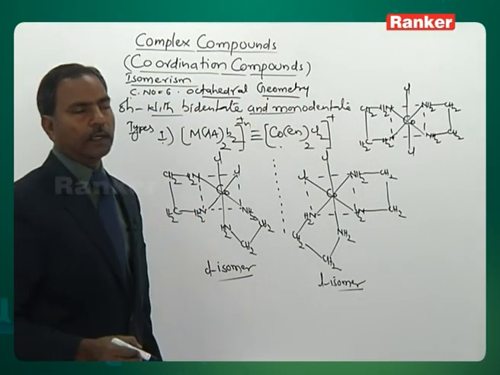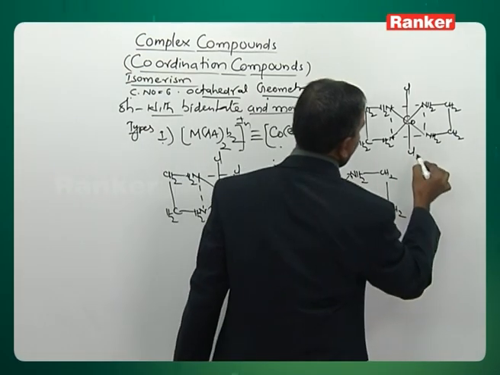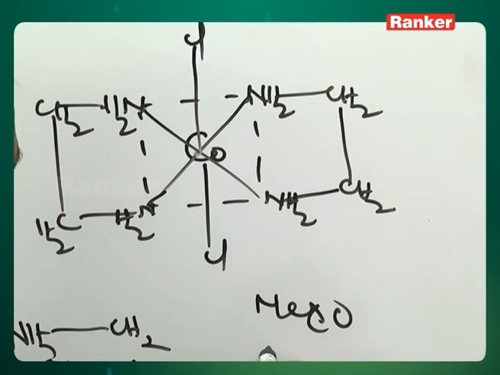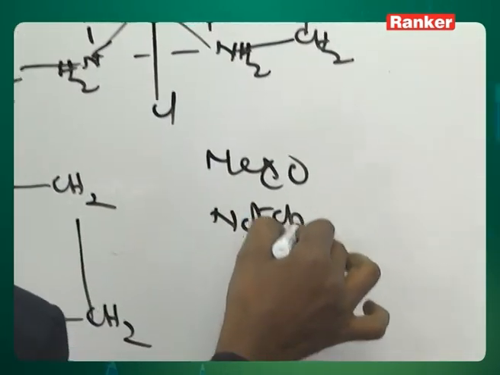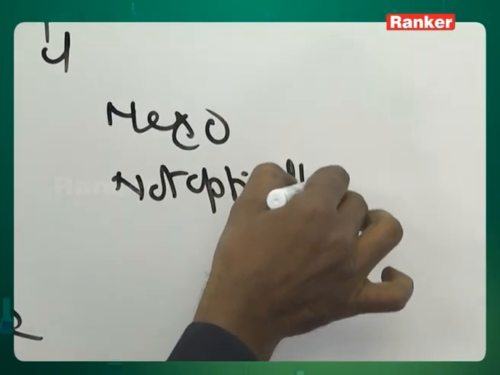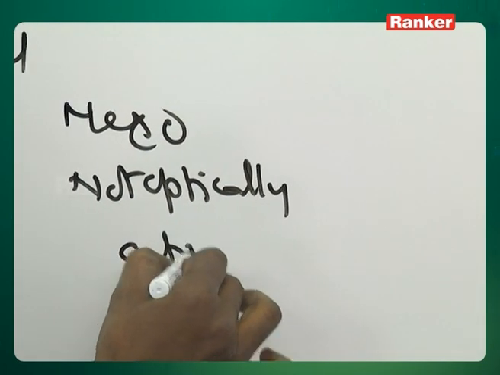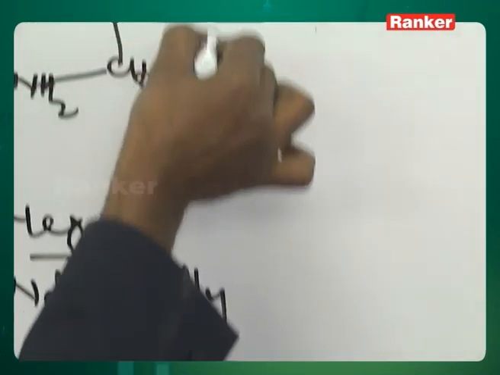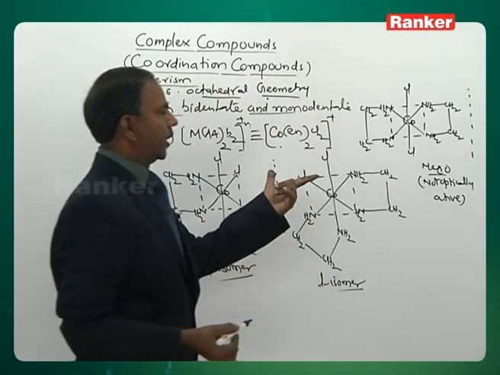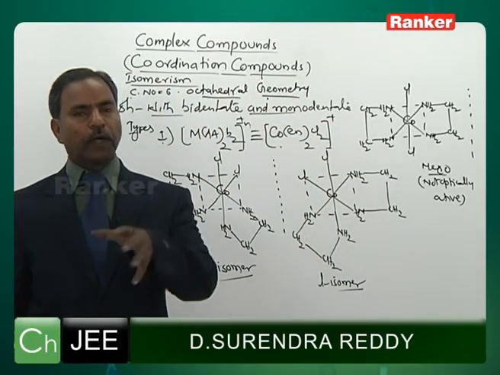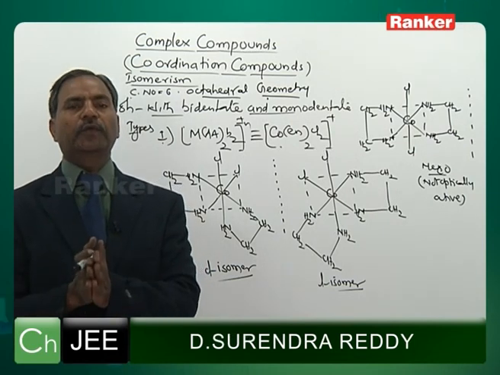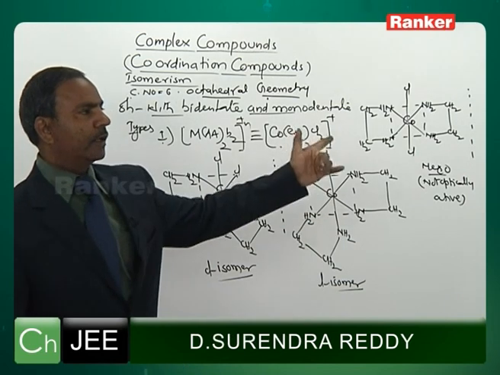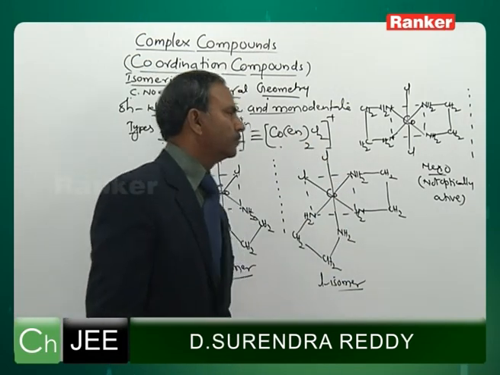This is optically inactive, this is trans, but this is meso we can take. Meso, not optically active. So getting a mirror plane, check it, then you are getting a superimposable mirror image, therefore that is optically inactive, a meso compound.